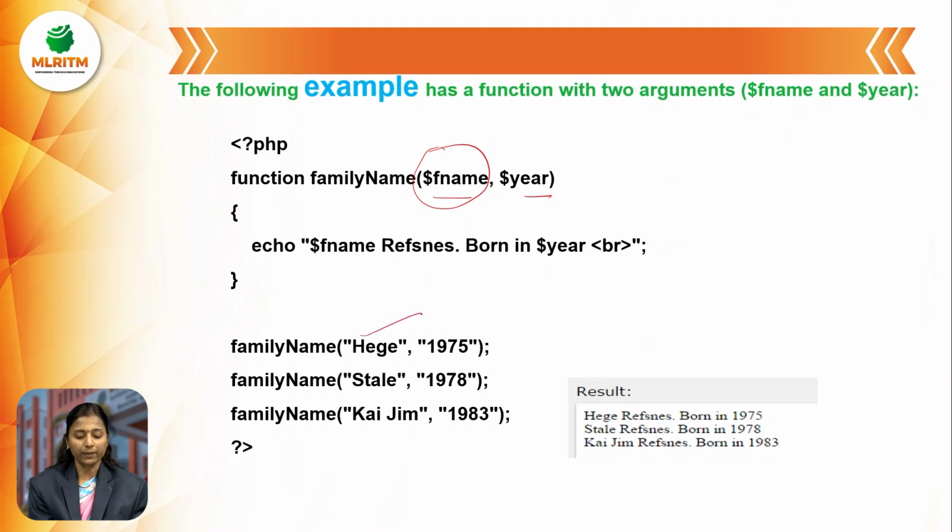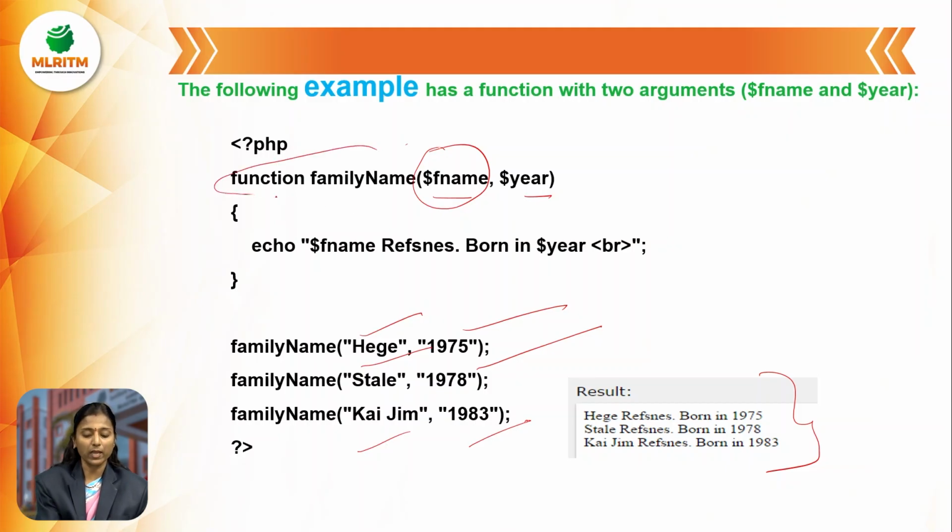That is Hege 1975, Stale 1978, Kai Jim 1983. This is the result of using two arguments in a function. The function and the function name should be given and the arguments will be passed here.